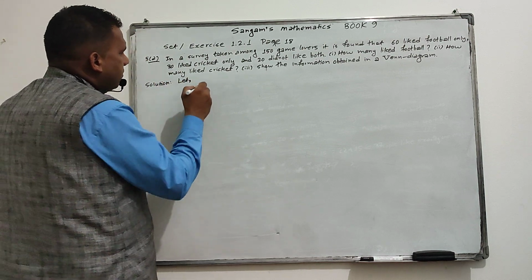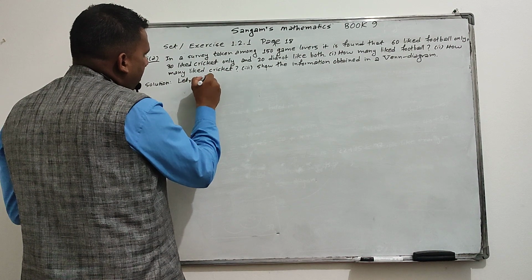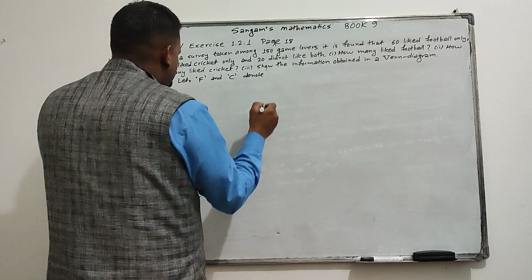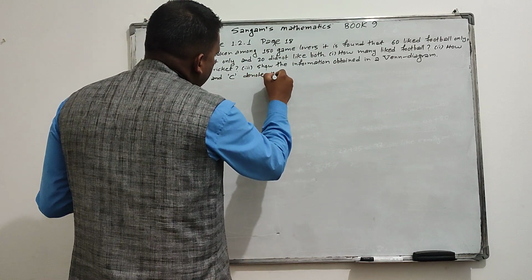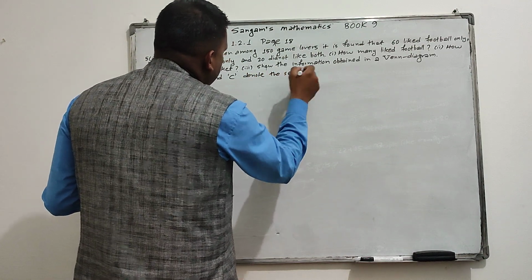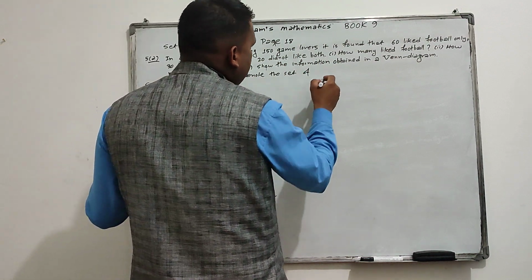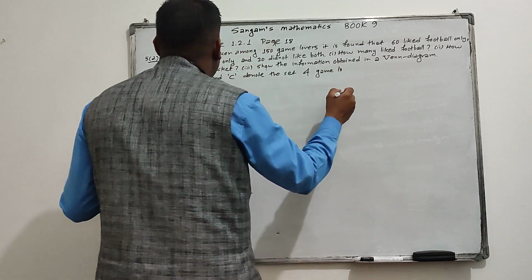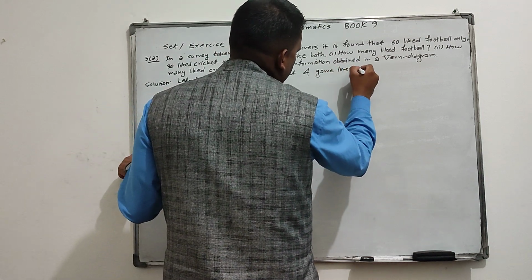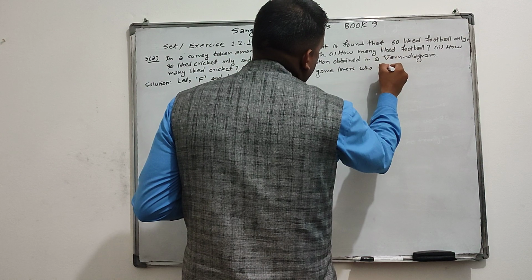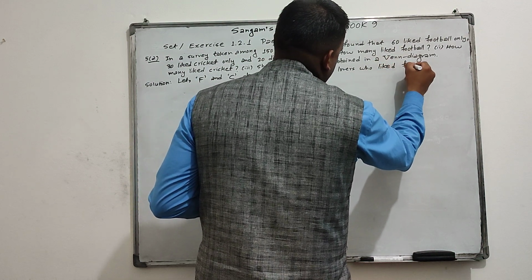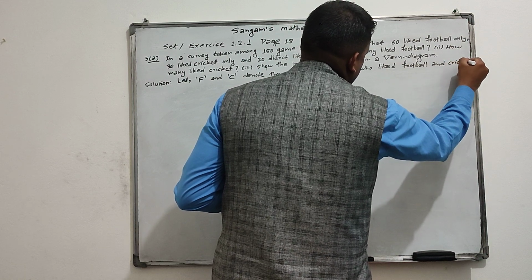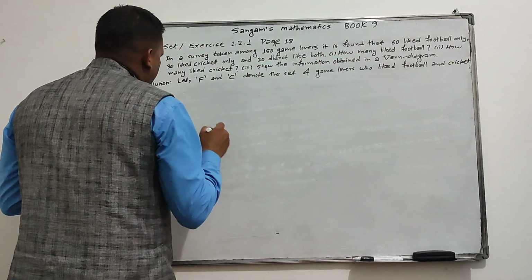Let F and C denote the set of game lovers who like football and cricket respectively.